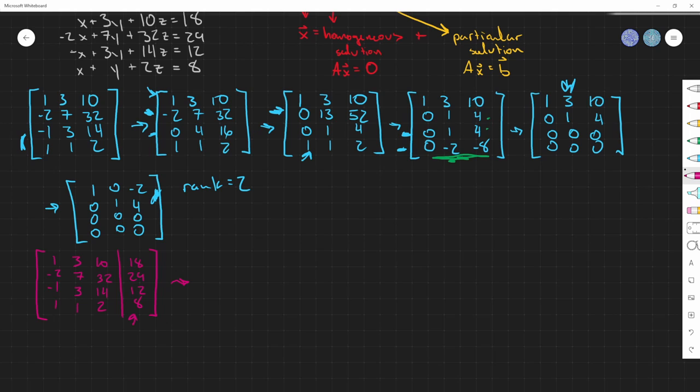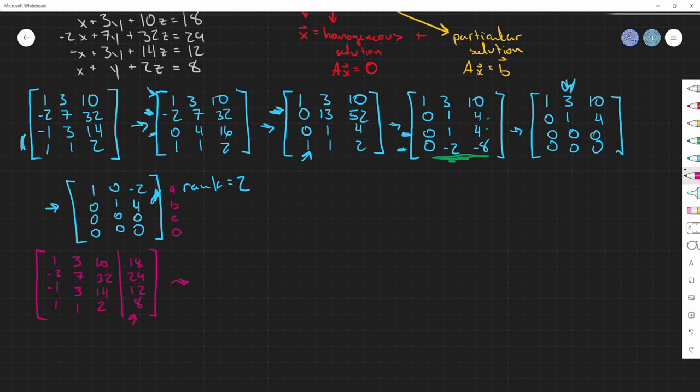So in this row reduced echelon form of A, if this was A augmented B, we might have a solution A, B, but then we have a C and then a 0. Then at that point the rank will be 3. So this is why we had to check each one individually instead of just checking the augmented form.